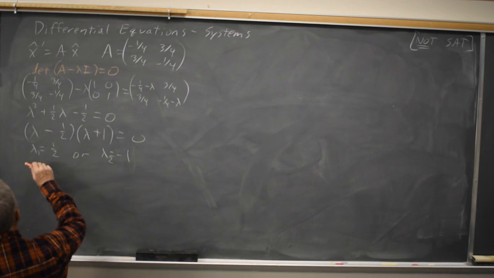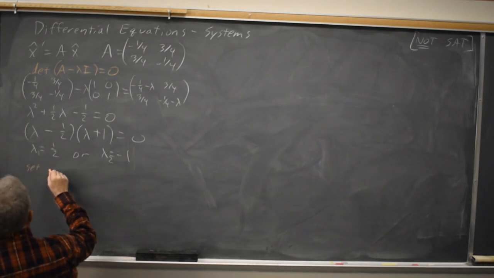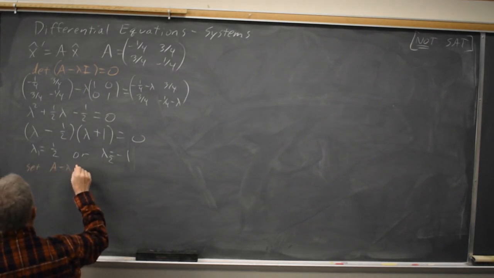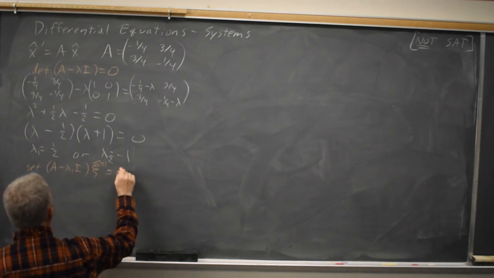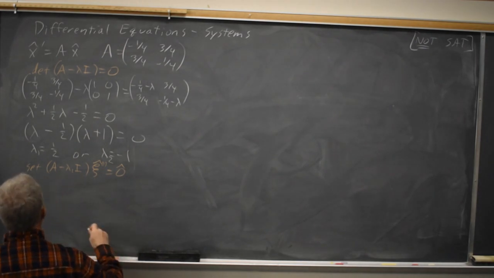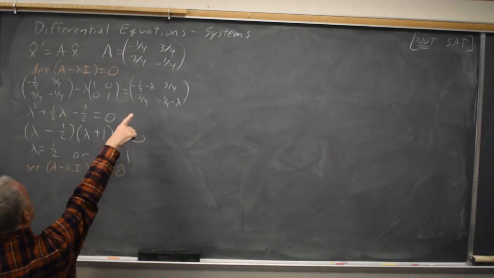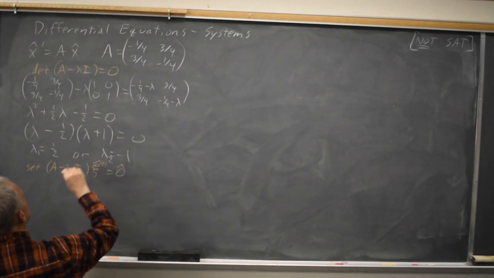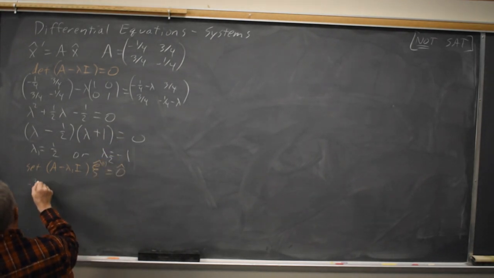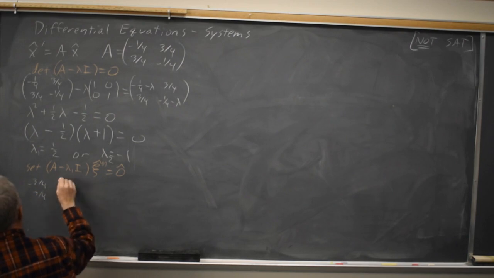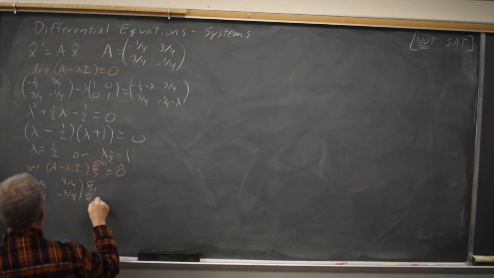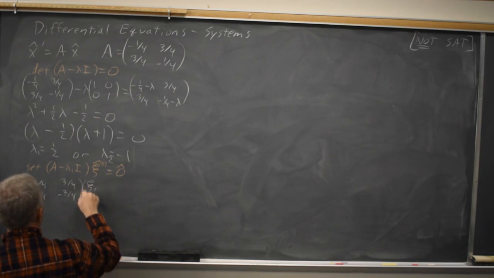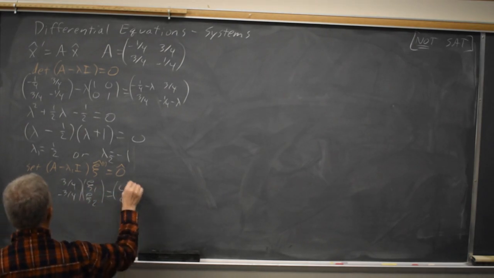Next, we want to set A minus lambda 1 I times my first eigenvector equals the 0 vector, and solve for that eigenvector. So I have A minus lambda I there. I'm going to put in lambda equals 1/2. I get negative 3/4, 3/4, 3/4, negative 3/4 times C1, C2 equals the 0 vector.